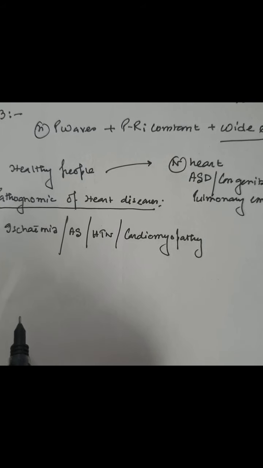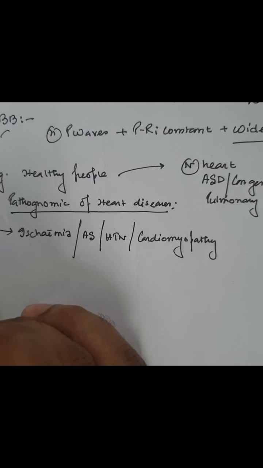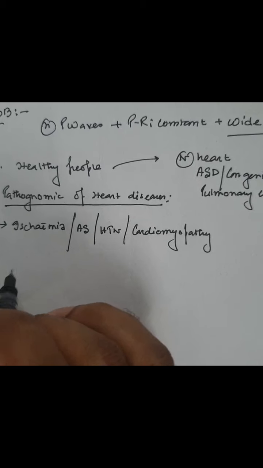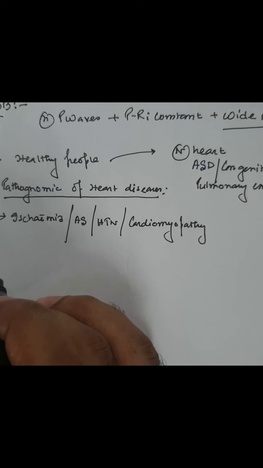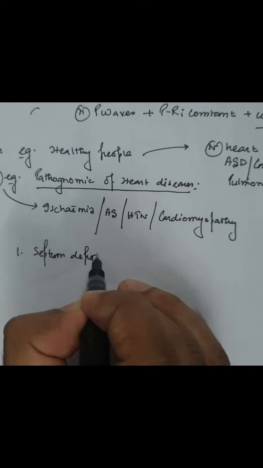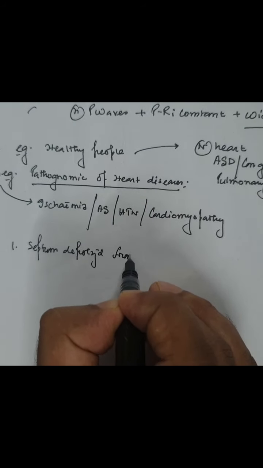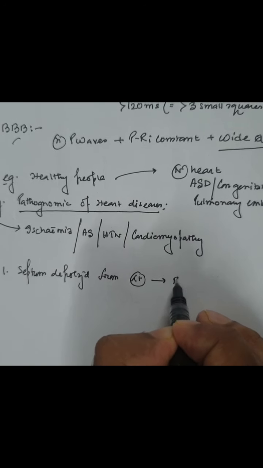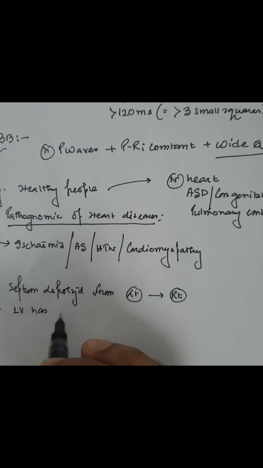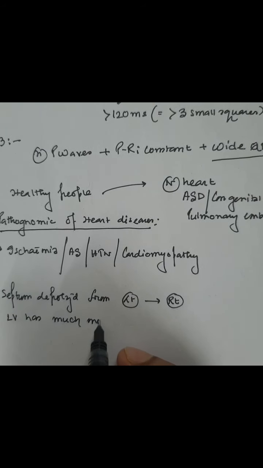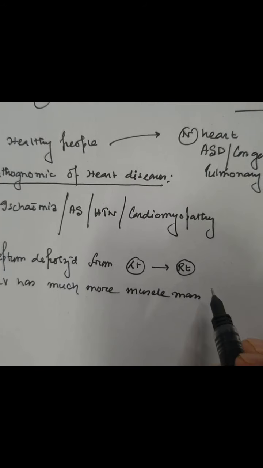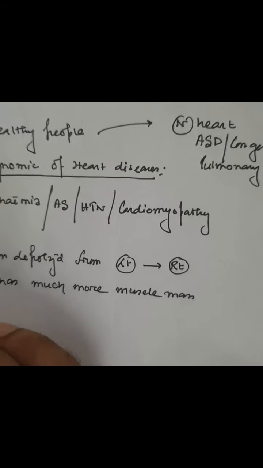So remember these important facts regarding the RBBB or LBBB. Number one, the septum normally depolarizes from left side to right side. Number two, the left ventricle has much more muscle mass, so it has much more influence on the ECG picture than the right ventricle.